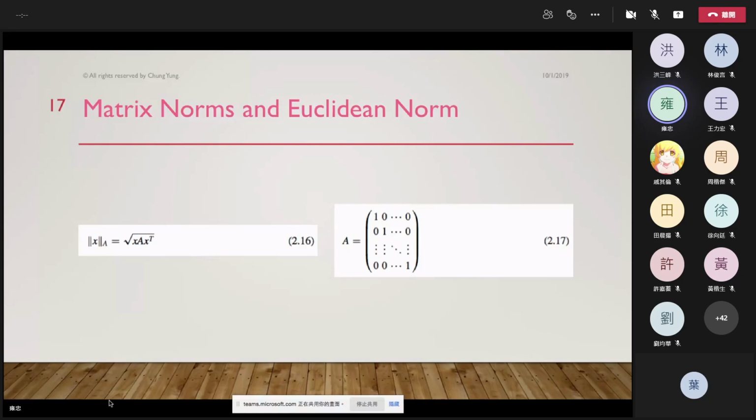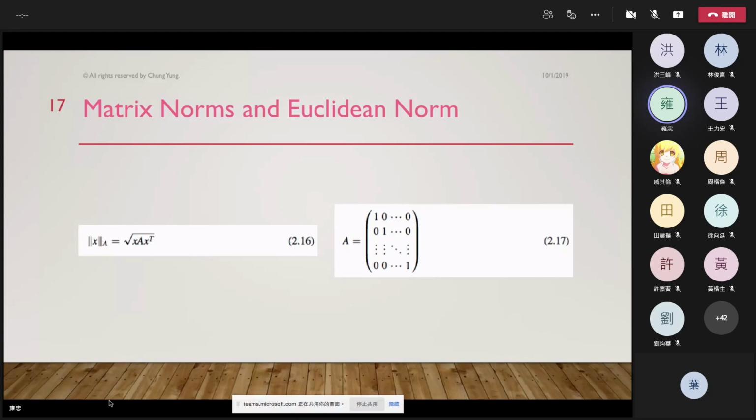Formula 2.16, the norm of x with respect to A is the square root of x A x transpose. That's called a matrix norm. It is x, the transpose of x, with an A in the middle, and we take the square root.